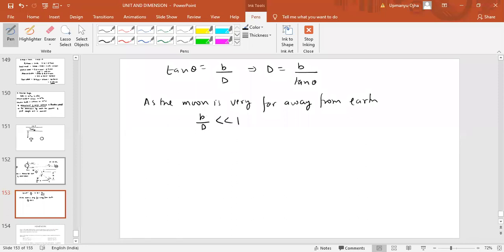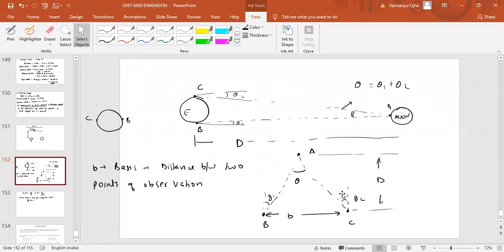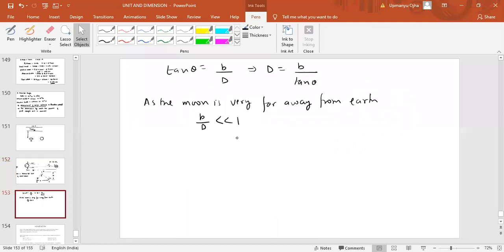The distance between the Moon and the Earth is D, and the diameter of the Earth is b. So if you look at this, the distance between Earth and Moon is very, very large as compared to the diameter of the Earth. So if this is the case, then b by D should be very, very less than 1.